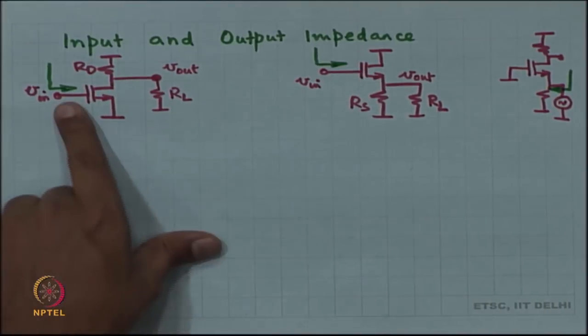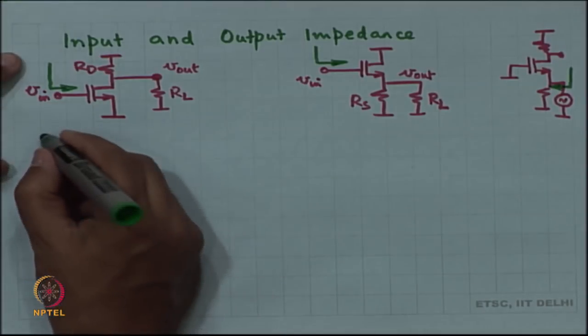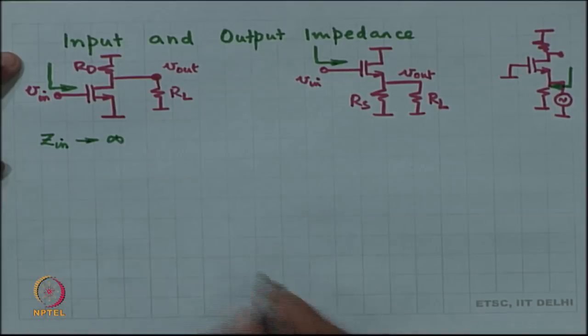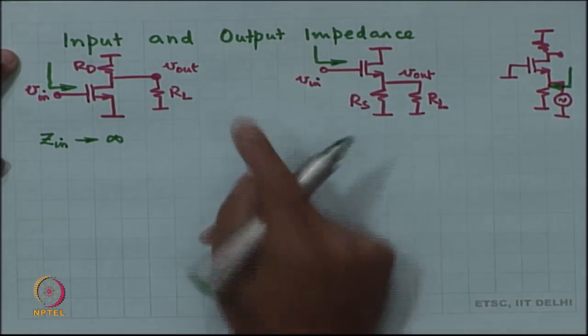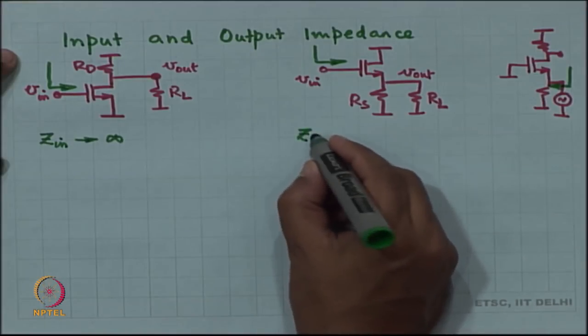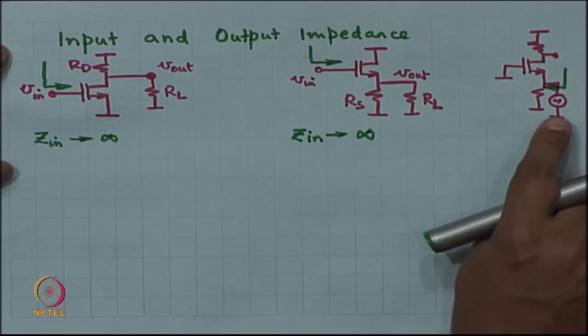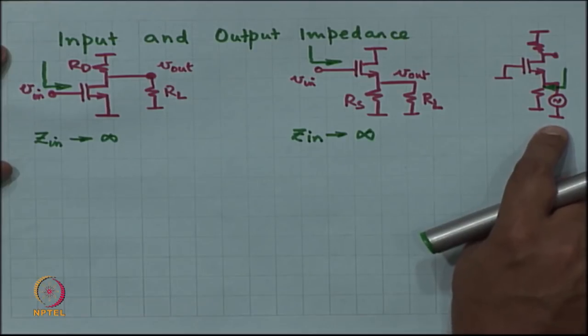So, in the common source amplifier, the input impedance is infinite. Common drain amplifier, the input impedance is infinite, whereas the common gate amplifier, the input impedance is not infinite, we have to work it out.